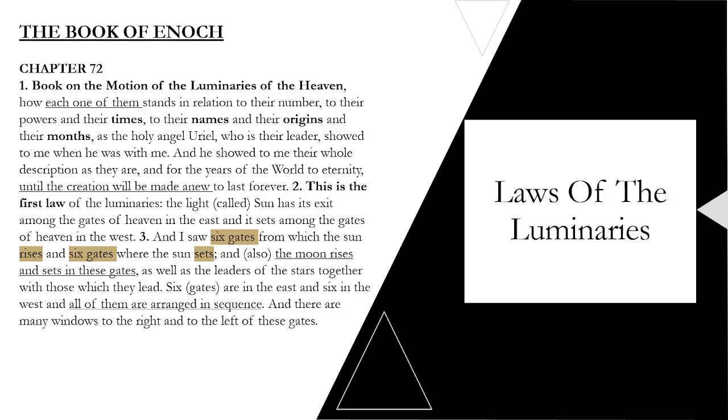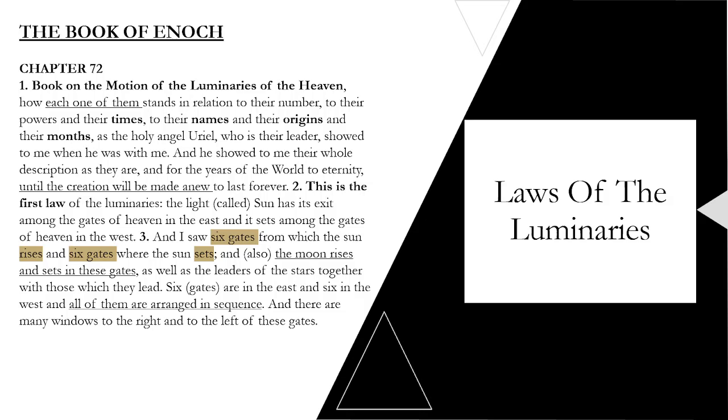Okay? Verse 3. And I saw 6 gates from which the sun rises, and 6 gates where the sun sets. And also the moon rises and sets in these gates, as well as the leaders of the stars together with those which they lead. 6 gates are in the east and 6 in the west, and all of them are arranged in sequence. What does this mean?